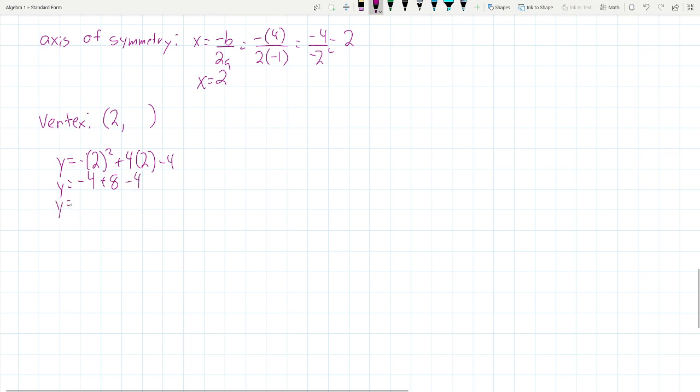So my y value is negative 4 plus 8 is positive 4, minus 4 is 0. So my vertex is 2, 0. Okay. Next thing I have is my y-intercept.